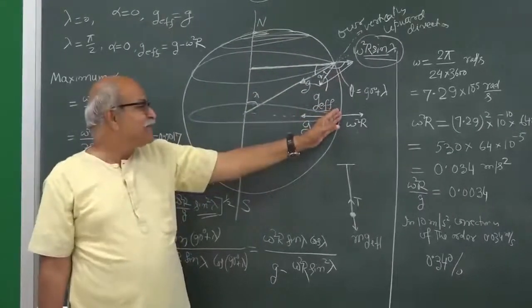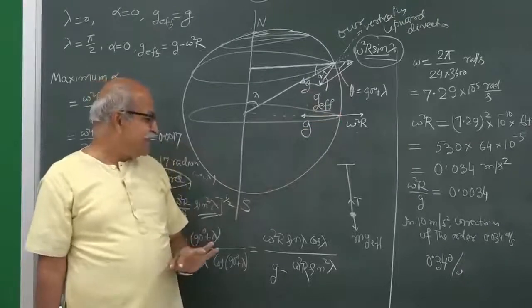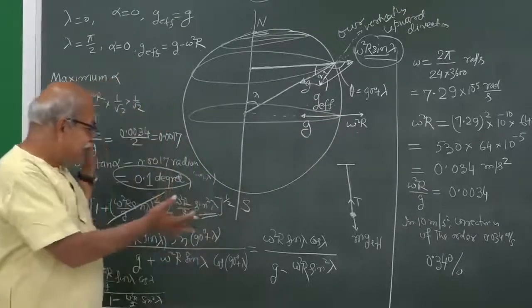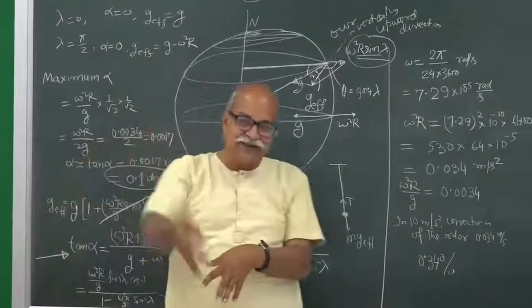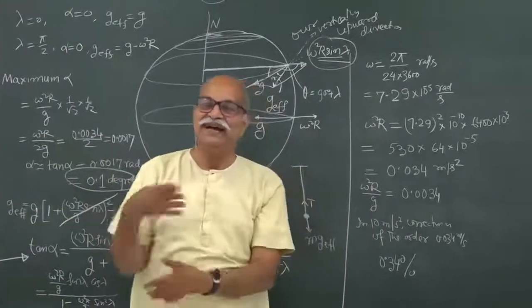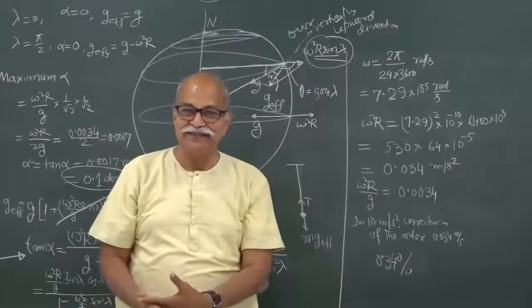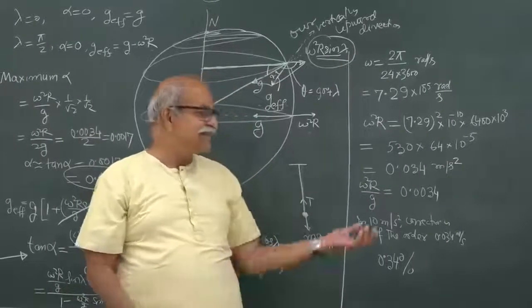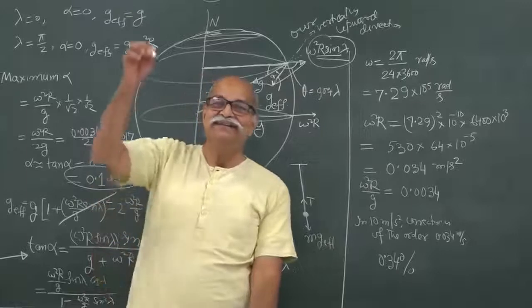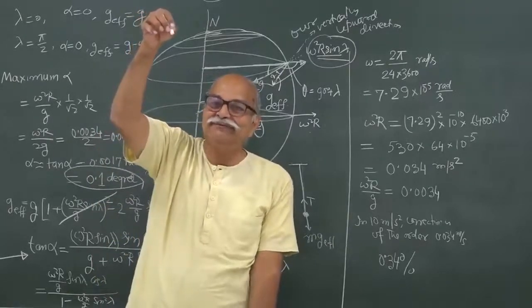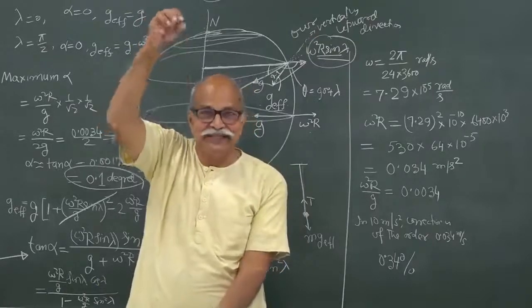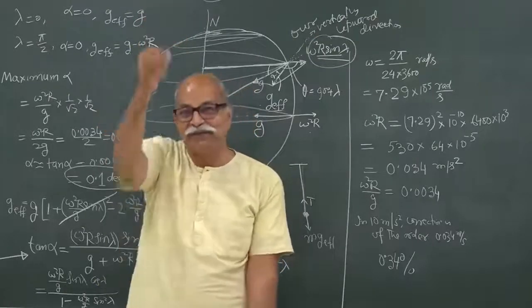So, we will stop here, and with these numbers in mind, we will take g effective as g in direction and magnitude, and then we will use our equations to find the path of the particle if I release it from here and it is dropped. I know what happens to the plumb line.